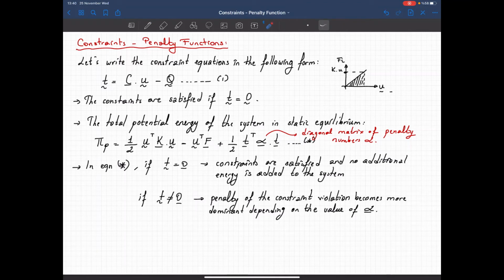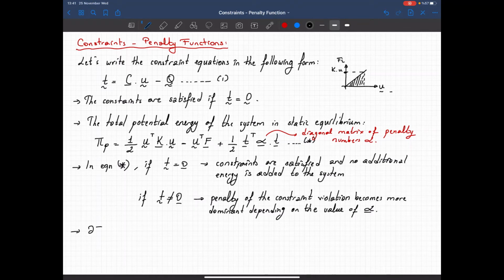Now, I want to have this to be minimum, right? So that the equilibrium condition is satisfied. Okay? So what I'm going to do is this. I want to have the total potential energy to be minimum. So in other words, the derivative of this potential energy with respect to displacements must be equal to 0.